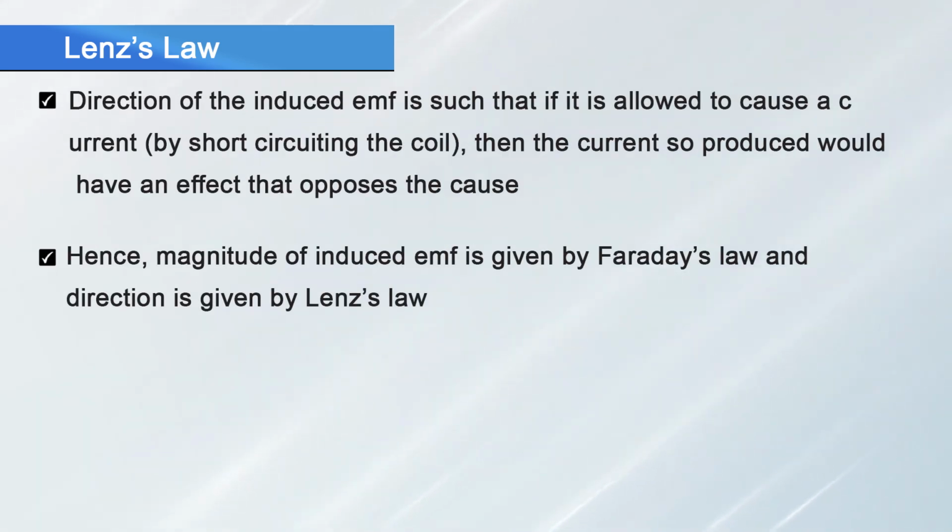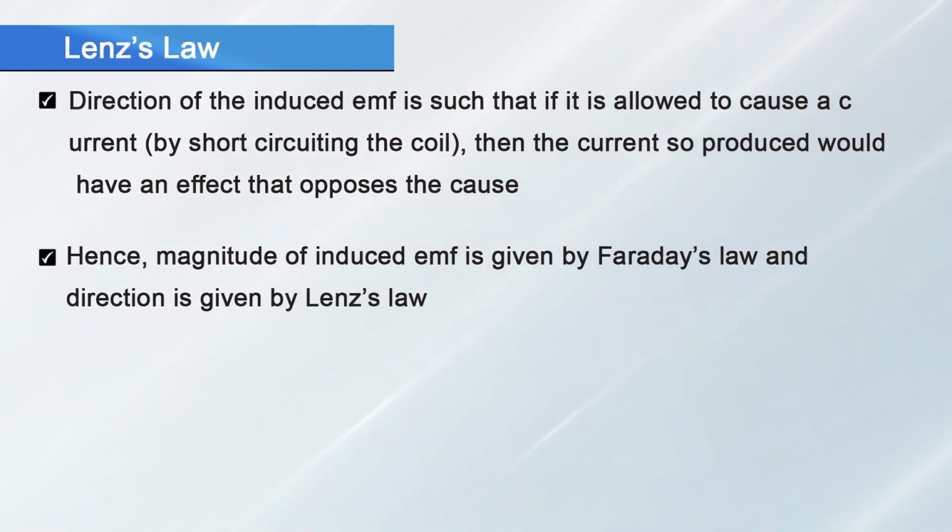So, we can say that Lenz's law is the refinement of Faraday's law that gives the direction of the induced EMF and current once we have the magnitude. Lenz's law is reflected in the formula of Faraday's law with the negative sign. Hence, we can note here that the magnitude of induced EMF is given by Faraday's law and the direction is given by Lenz's law.